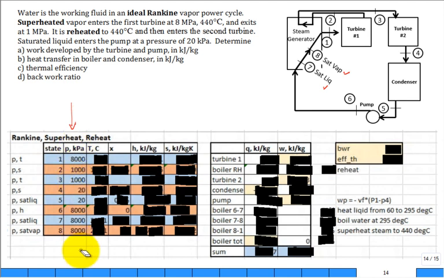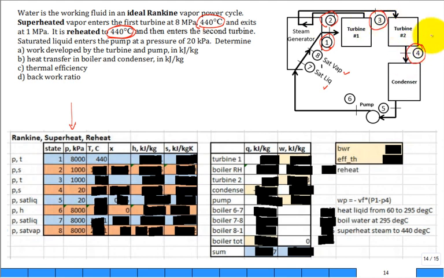All right. Well, how about this? Do those look reasonable? Sometimes it's good to just put in the givens. Where does this piece of information fit into the table? Isn't that the temperature of state 1? So that goes right there, 440. Okay. How about it's reheated to 440? Does that mean the temperature at 2 is 440, the temperature at 3 is 440, the temperature at 4 is 440?